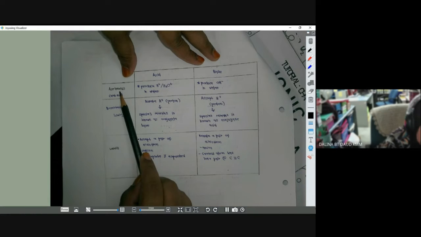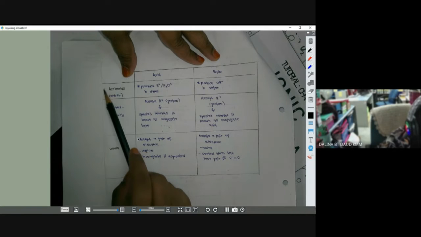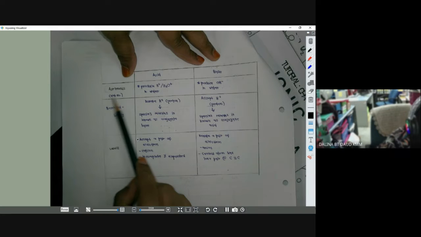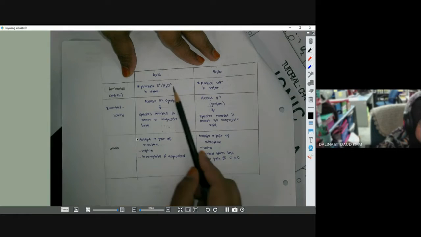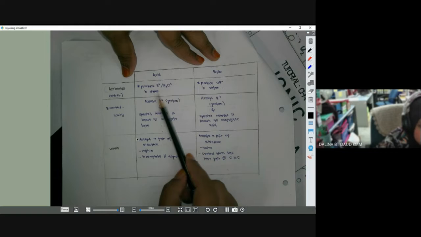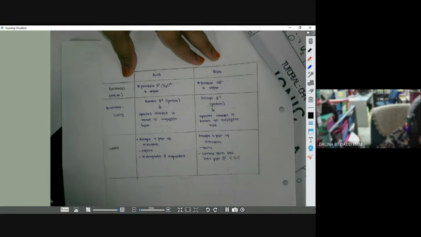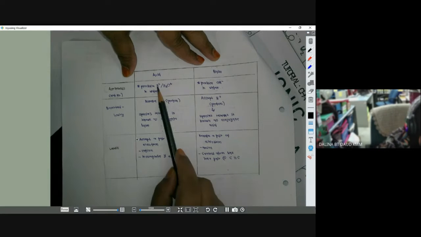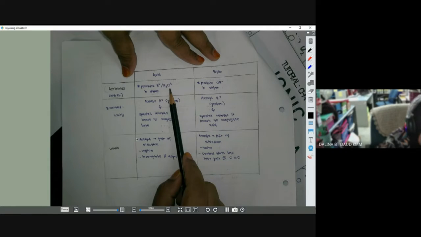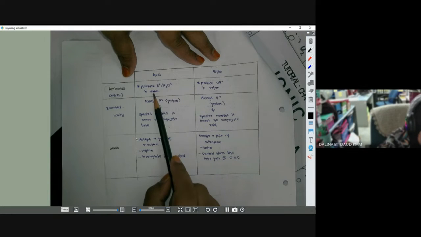So senang nak ingat, kalau Arrhenius, A stand for air, water. So dia mesti reaction tu dalam air lah, sama ada hydrogen ion ataupun hydronium ion. Produce H plus or H3O plus in water, or produce OH minus in water.